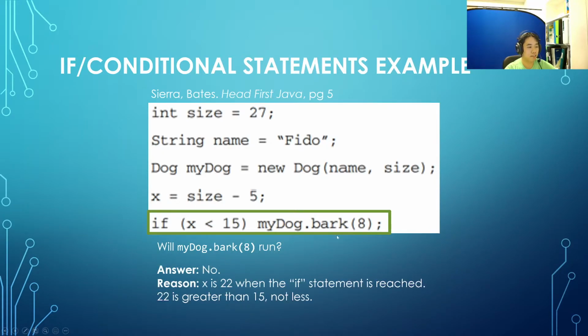Will this bark even run? No, because by the time we reach the if statements, x is 22. How did I know this? Because x is assigned as 27 minus 5, and 27 minus 5 is 22. So since 22 is greater than 15, this condition is false.